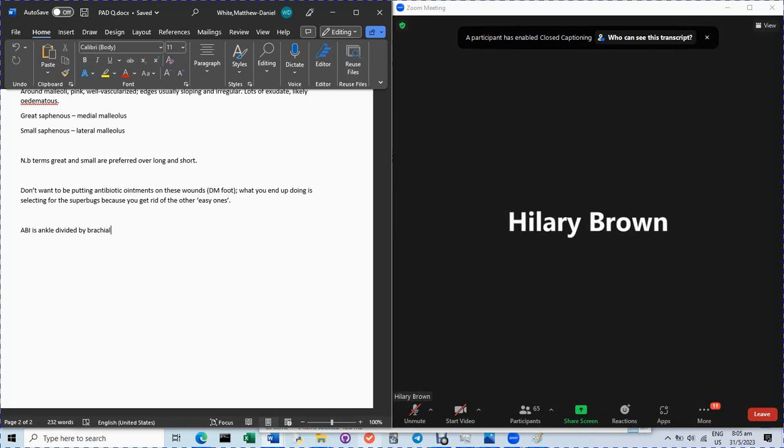Dorsalis pedis is a little bit medial to the tendon. What I meant by that in the chat could have been a confusing statement, so I will retract that. The pulse is not really medial to the tendon.